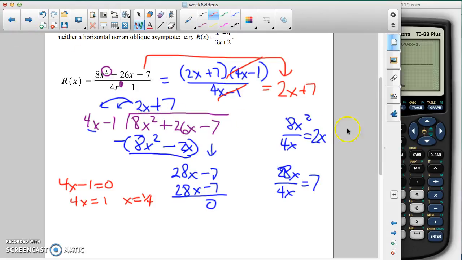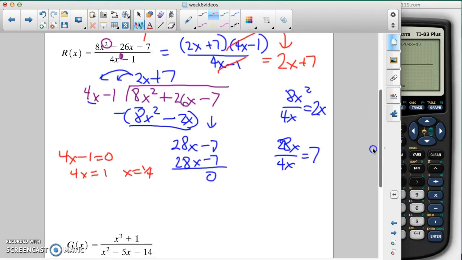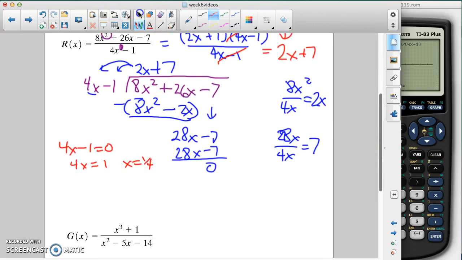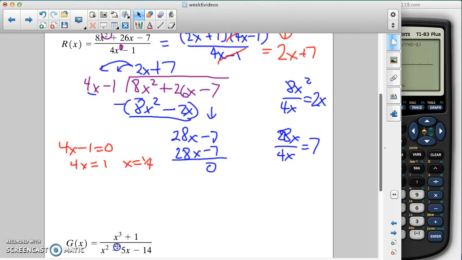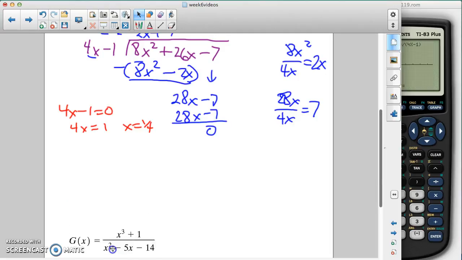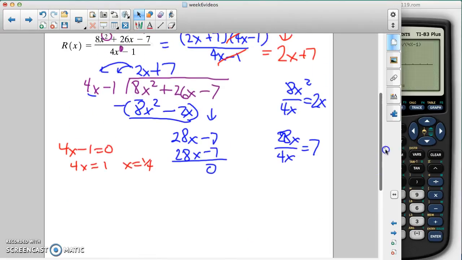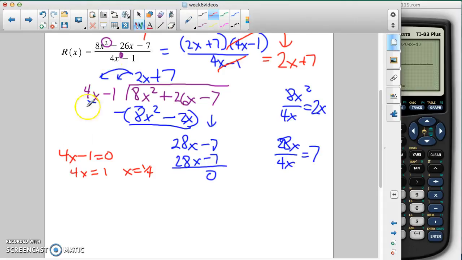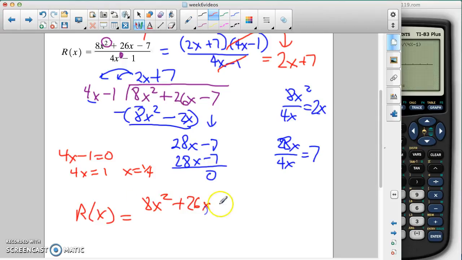So if I were to change this function just a little bit, just a tad, and make it r of x equals 8x squared plus 26x plus 7 instead of -7, it has to be just something different than that, because this one goes in evenly on this one.